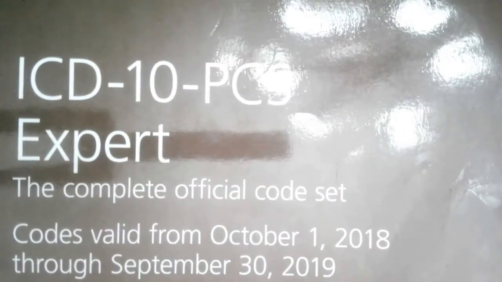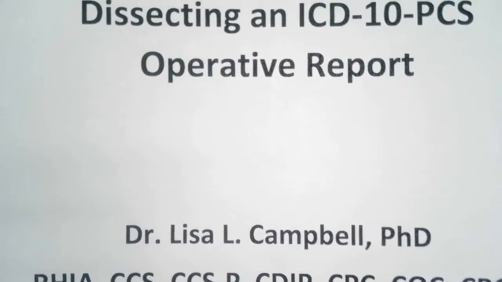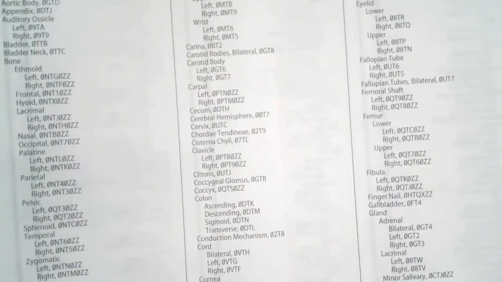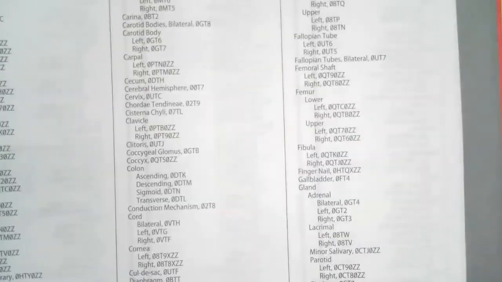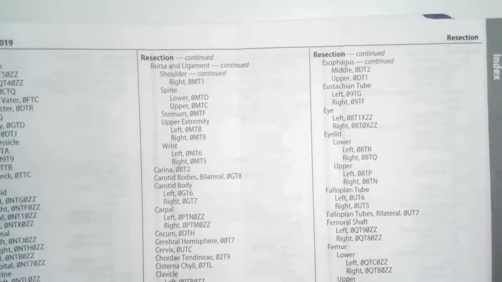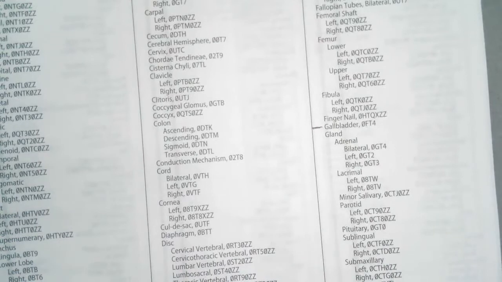From there, we are going to take the information that we've dissected from our operative report to come up with our code. So we have decided that we had a resection and we had an excision. So let's start with the resection first.